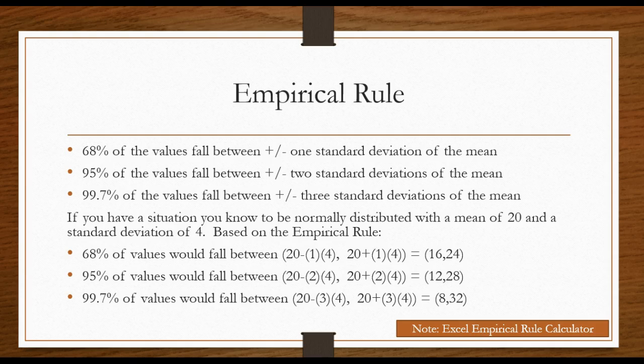All I'm doing on that one is saying 20, or the mean, minus 2 times the standard deviation, and the mean plus 2 times the standard deviation. 99.7% of the values would fall between 8 and 32, because that's the mean plus or minus 3 standard deviations. So always be ready for the empirical rule type questions.